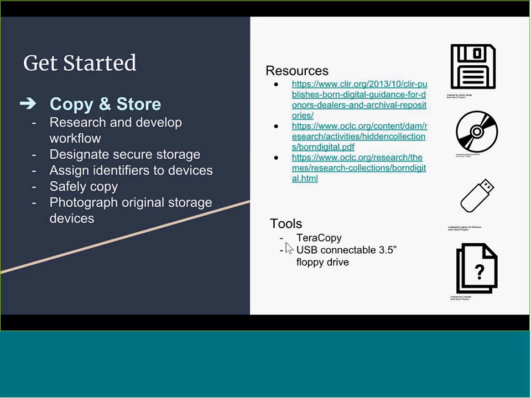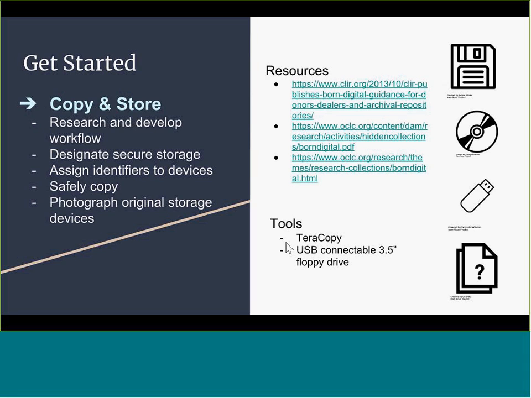One thing I did want to mention is that for some of the older storage media that you might have, like floppy disks, 3.5-inch floppy disks as a particular example, you might not have hardware for that anymore, so that might be one of your first barriers to trying to copy material off. It's actually surprisingly easy to still get a 3.5-inch floppy disk drive.